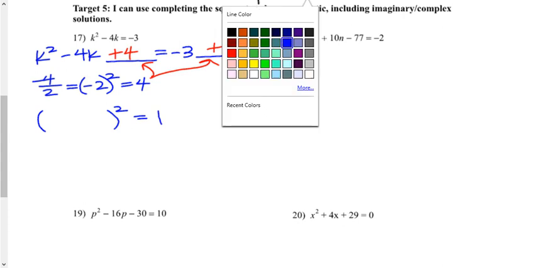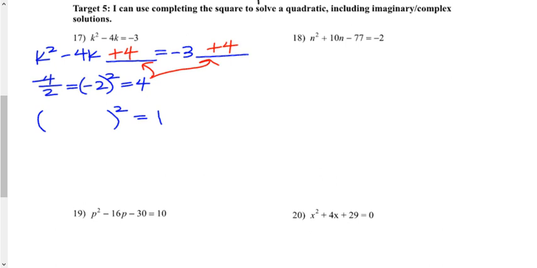Now, what I'm going to do is take what I got in the parentheses here, and that's what goes in the binomial squared. So I always have my variable, in this case it was k, and then I take that negative 2 and I stick it right there. If it was a positive number that I got, I would put plus whatever number. But since it was a negative, I'm saying minus 2.